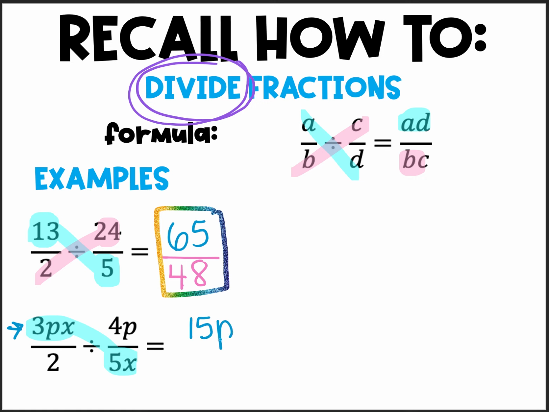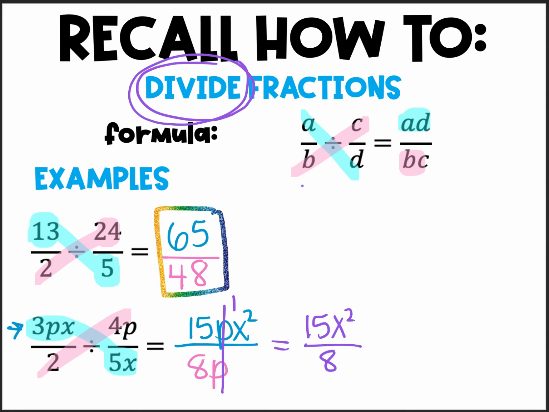It was 15px squared divided by 2 times 4p, 8p. And normally we reduce. We can reduce here p divided by p, that's 1. And my final answer is 15x squared divided by 8. This is the simplest form for that.